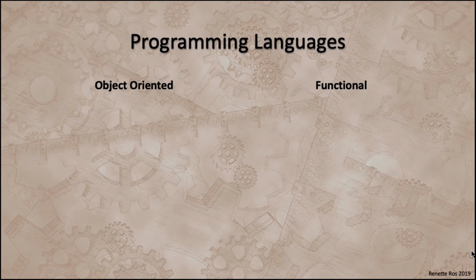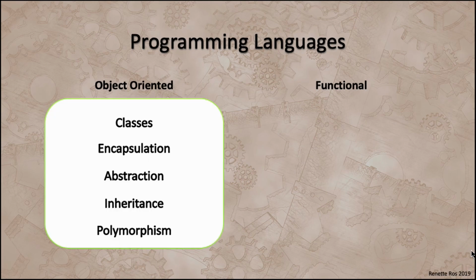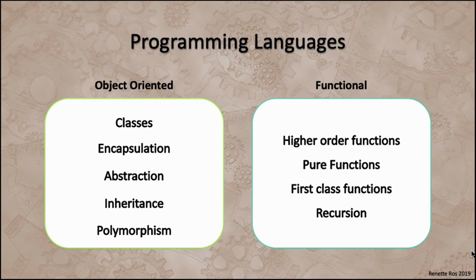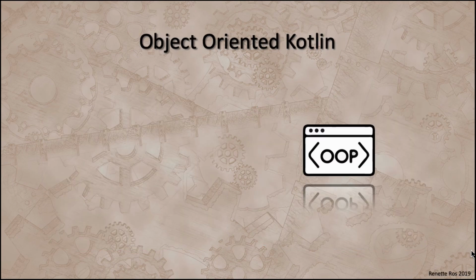And Kotlin fits into both of these a bit, as I'll show you now. When we think object-oriented, we think classes, we think polymorphism, we think inheritance, we think encapsulating things. When we think functional, we think higher order functions, pure functions, first class functions, immutability. Kotlin is both of these.